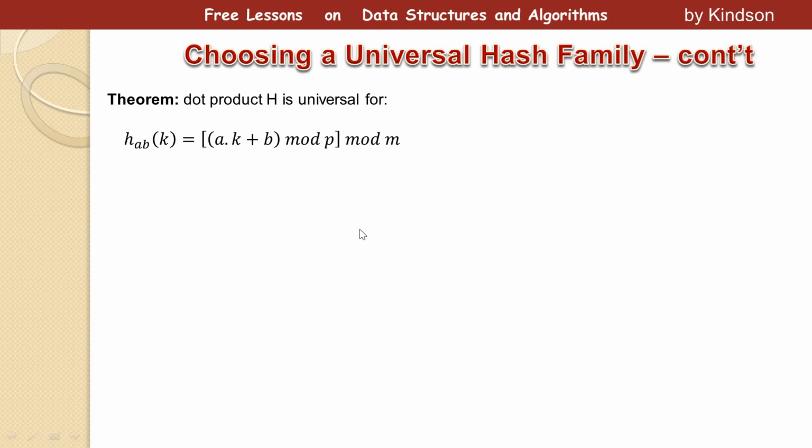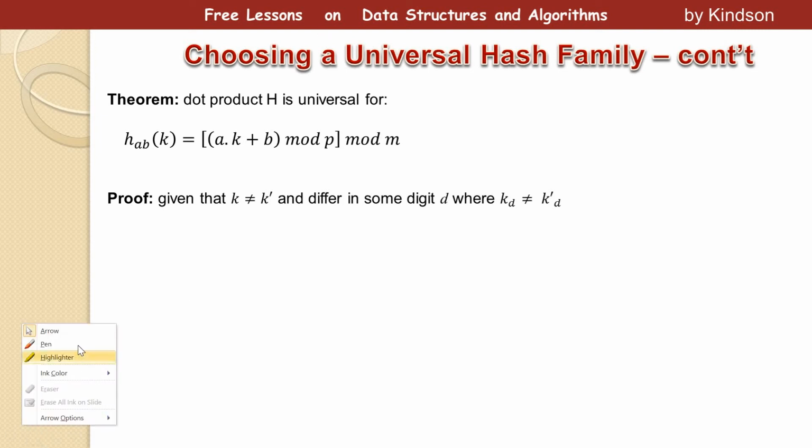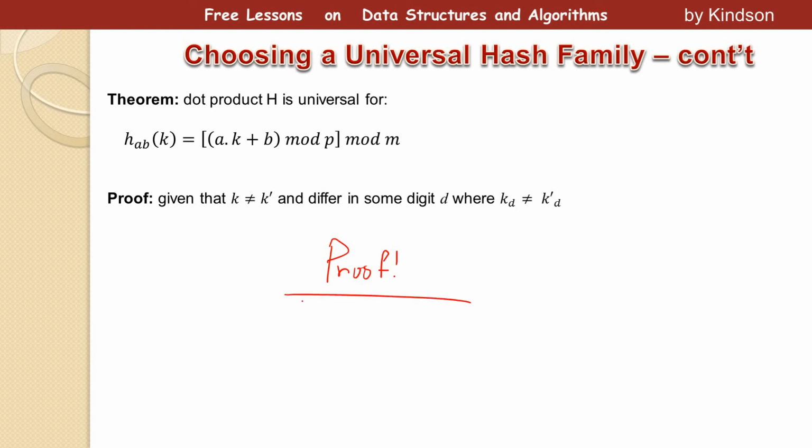As I mentioned before, for this lesson on choosing a universal hash family, you can just write it in your notes and know that there is a dot product one and a second one, and this is how it works. The dot product can be proven numerically, but I am not going to go through the proof at this point. If you want, you can read up the proof. If not, you can leave it out like that.